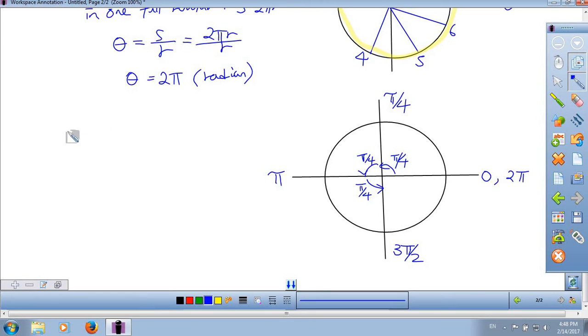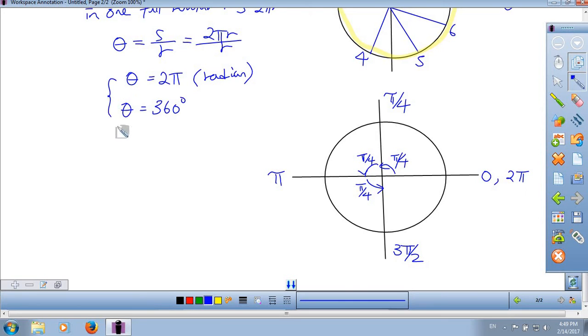This will give us an equation that will allow us to convert between degree and radian, which we will definitely talk about next week. But let me do this very quickly. How do I convert a degree to radian? In a full revolution, theta is equal to 2 pi, but theta is also equal to 360 degrees.